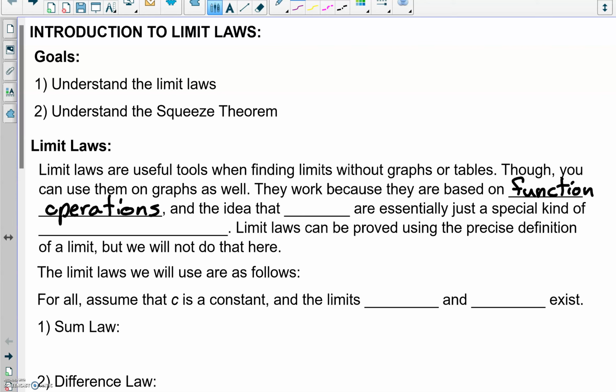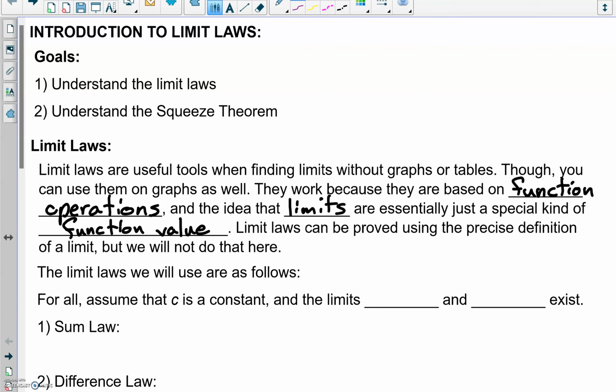And the reason these operations transfer over to limits pretty well is because limits are essentially just a special kind of function value. They still give you a y value when you're looking at a limit. So the operations that we saw before in an algebra class are just going to be modified here to work with these limits that are still basically y values.